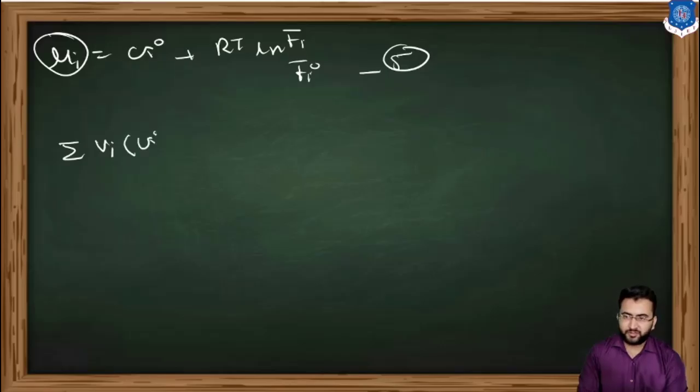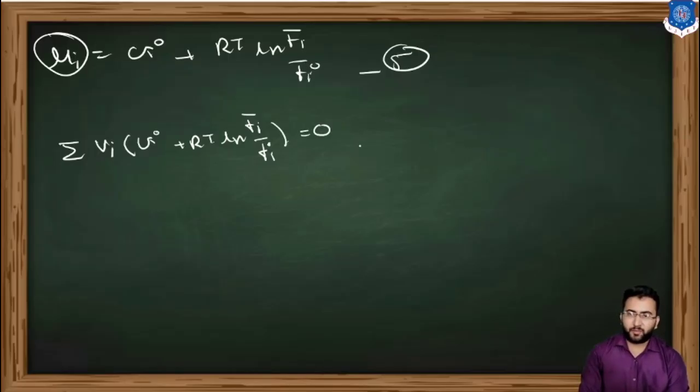It becomes summation of vi into Gi naught plus RT ln fi bar upon fi naught, is equal to 0. So equation number 1 becomes like this, equation number 6.